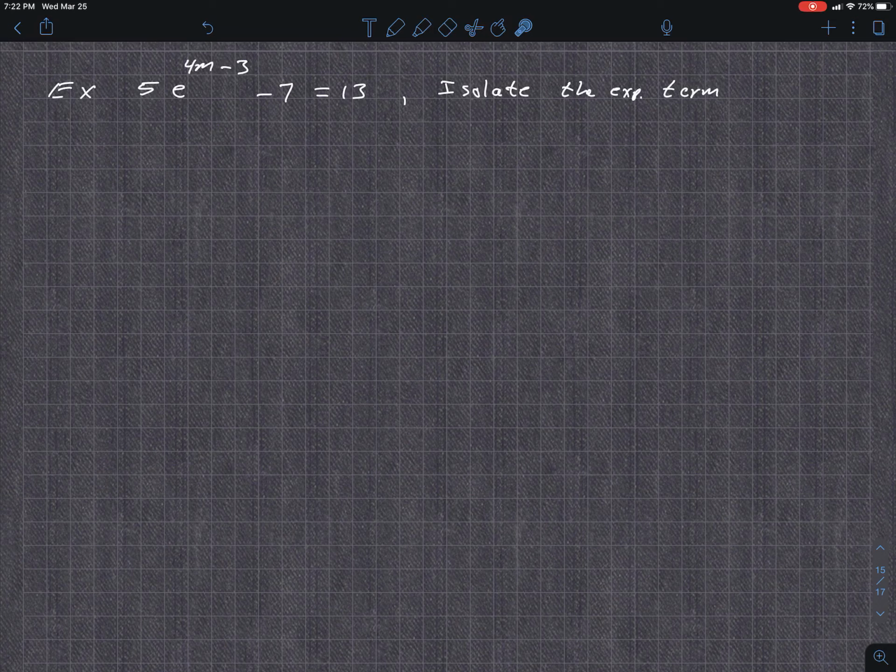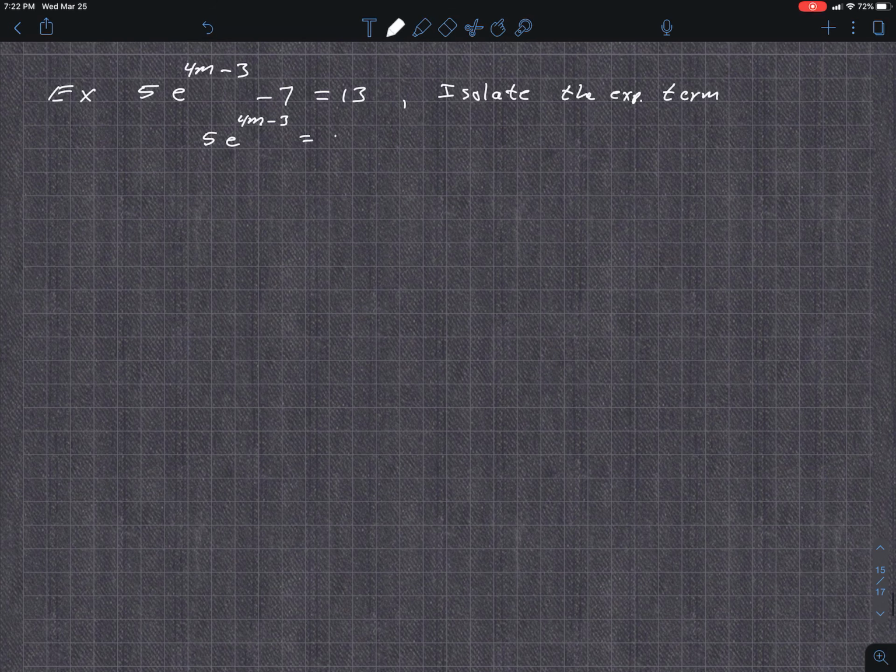These do not. So isolate this one, and then you're going to take the natural log of each side. So add 7. So it's 5e to the 4m minus 3 equal to 13 plus 7, so that'll be 20.